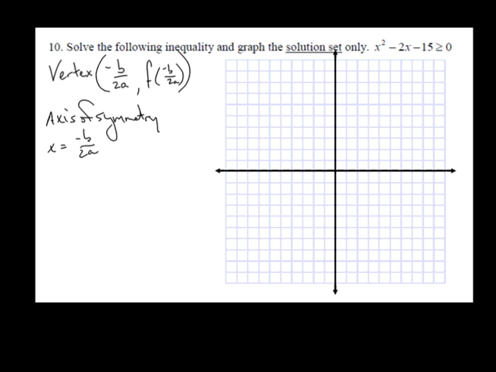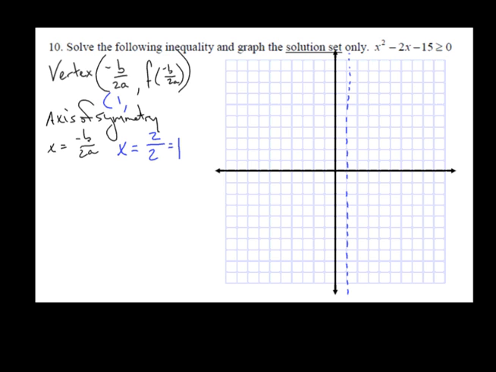So my axis of symmetry for this particular one is x equals 2 over 2, or 1. So coming over here, I put a dashed line at 1.